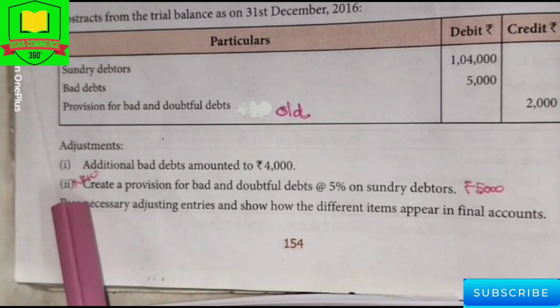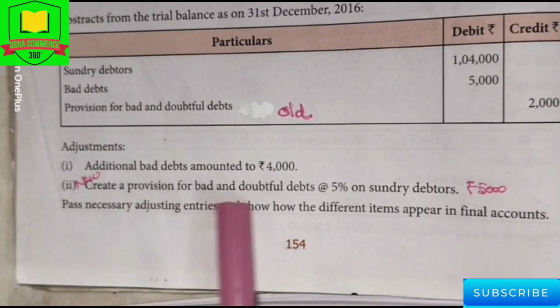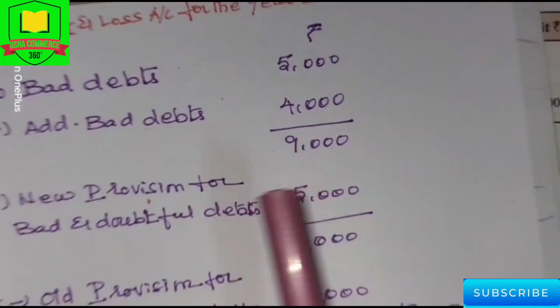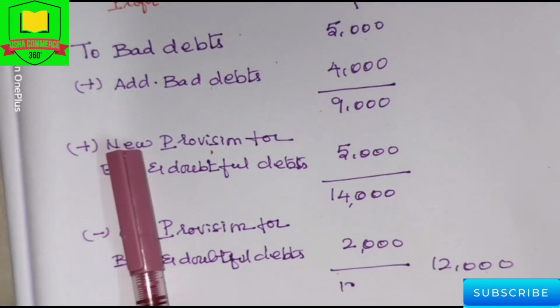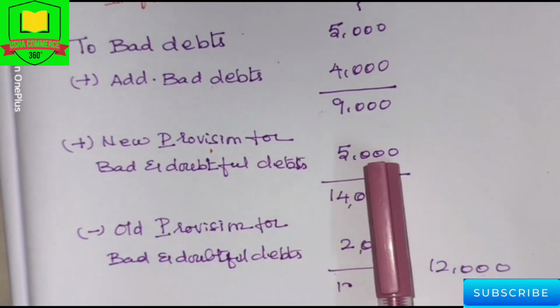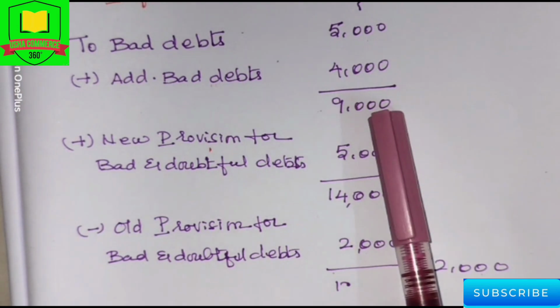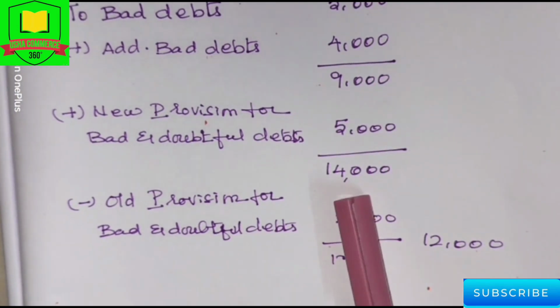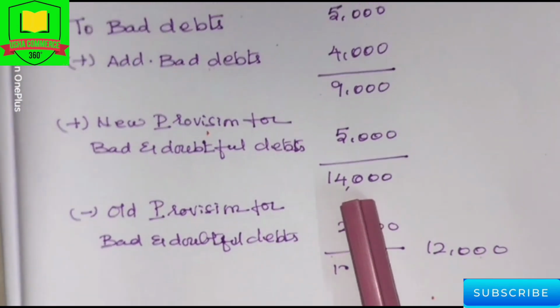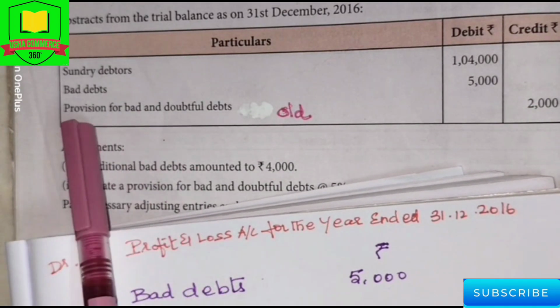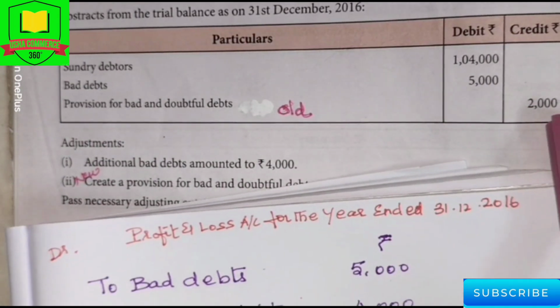Then we have to add the new provision. How much rupees? 5,000 rupees. So plus new provision for bad and doubtful debts 5,000 rupees with 9,000, we will get 14,000 rupees. Finally, we have to subtract the old provision 2,000 rupees.